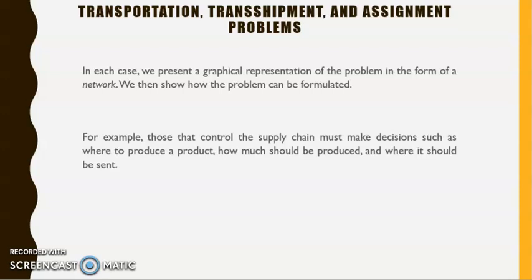For example, we have transshipment problems combined with assignment problems. In each of these cases, a graphical representation of the problem can help you so much in better understanding and modeling of the case you are doing.